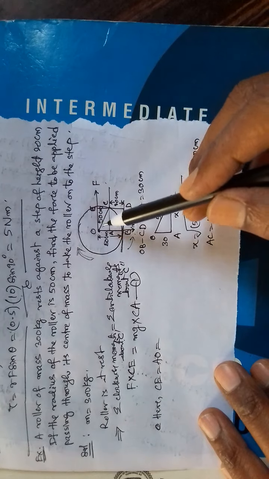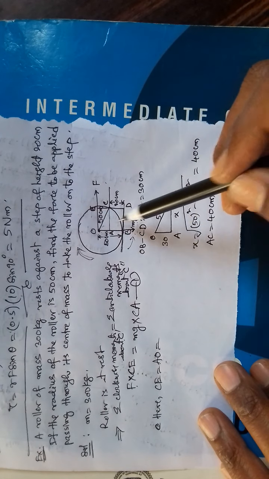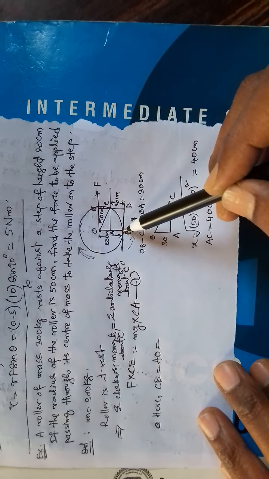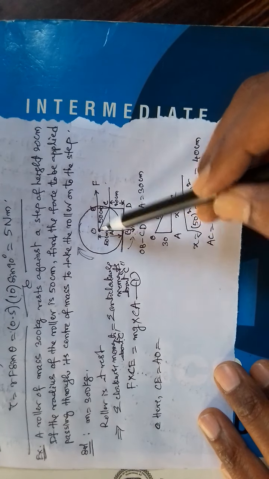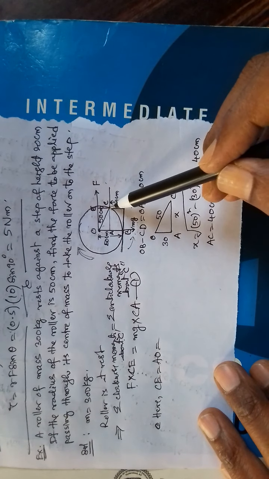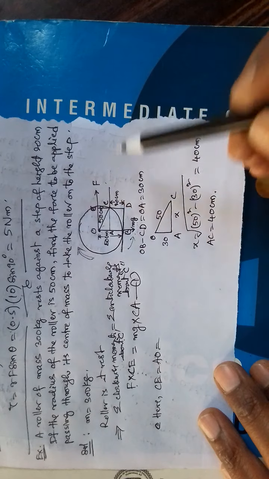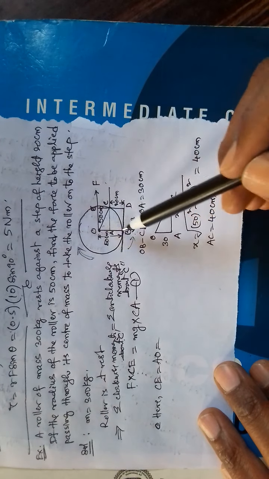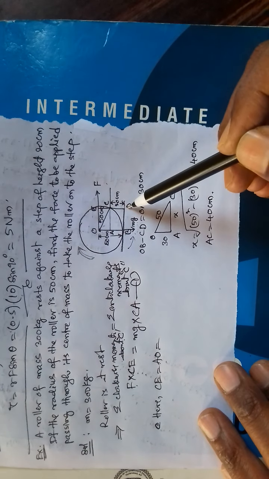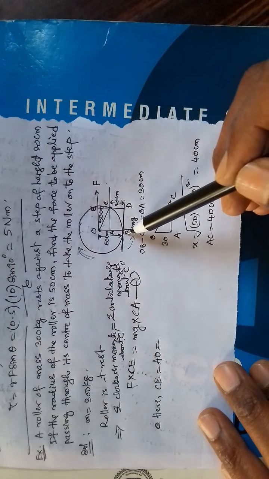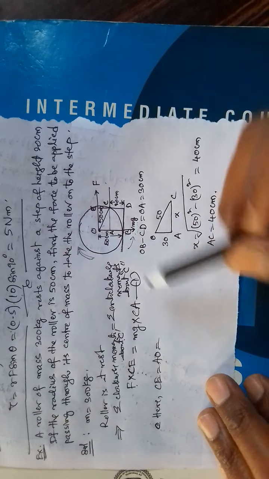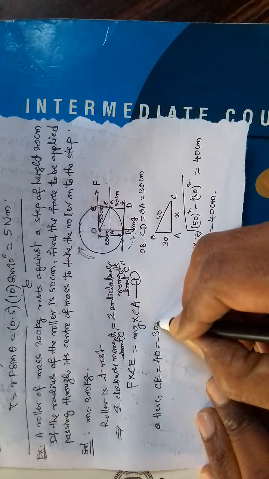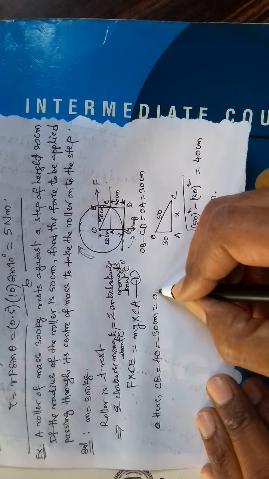So see here, radius of roller is 50 centimeters and height of the step is 20 centimeters. So OB minus CD gives OA. So 50 minus 20 is equal to 30. That is 0.3 meter.